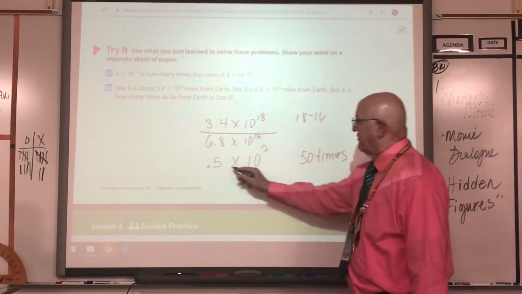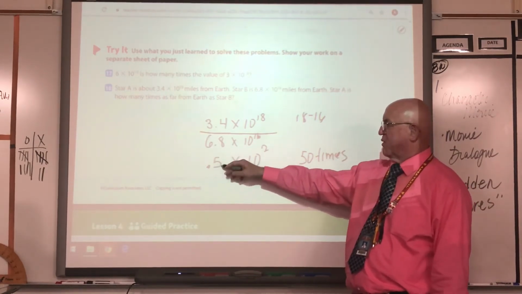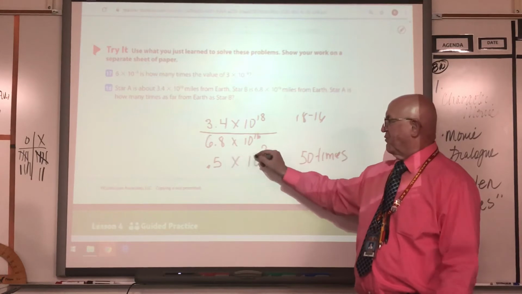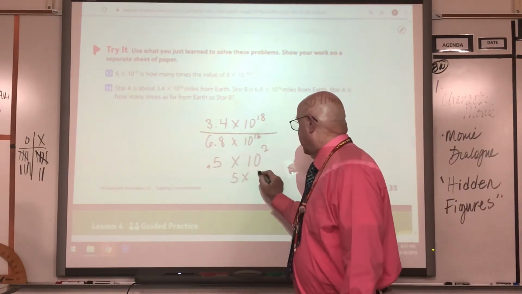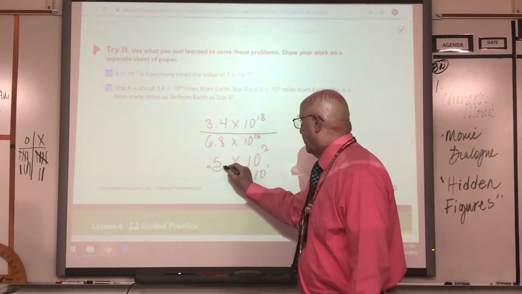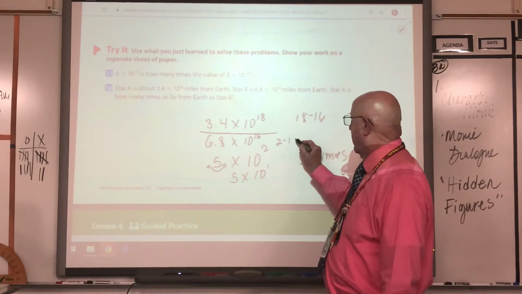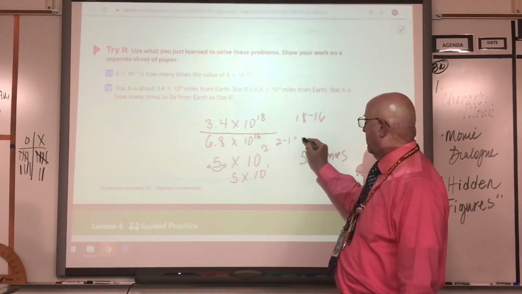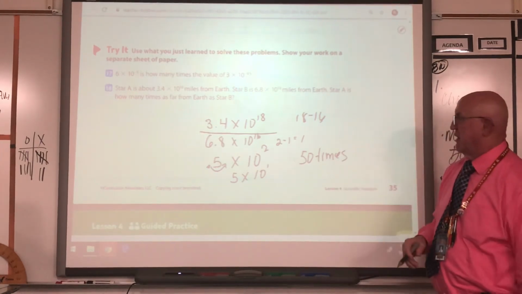But remember, this is not written in scientific notation, because I don't have a decimal number between 1 and 10. So the true form for this is 5 times 10 to the first, because we moved the decimal over one place that way, so the exponent has to go the other way, minus 1, to give us the first power. So our answer is 50 times as much.